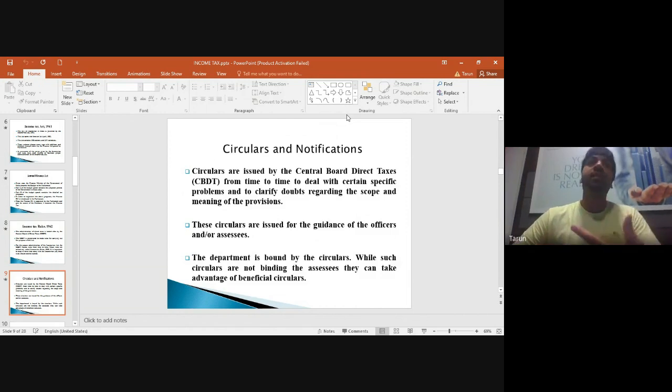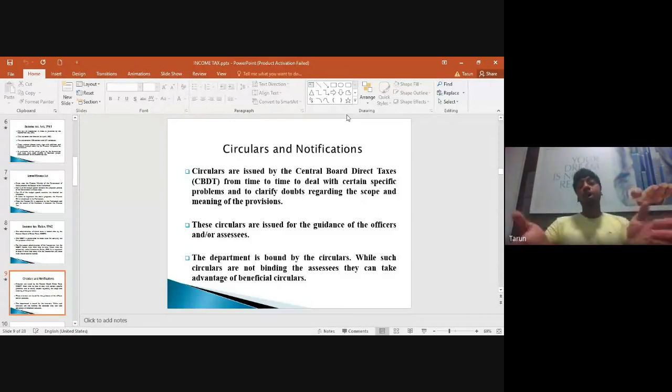So who are SSCs? SSCs are the persons whose income is taxable above a specific limit of income. So these circulars are issued for the guidance of the officers or SSCs and such departments.